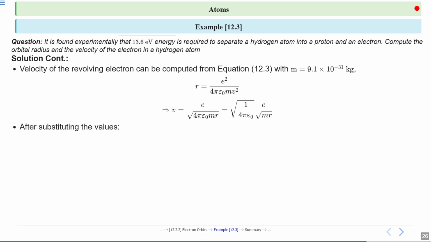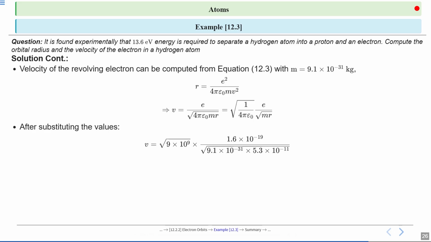Now, after substituting the actual values into the formula, we use the known constant for each variable. So v equals the square root of, 1 by 4 pi epsilon naught is 9 times 10 to the power 9, multiplied by e, which is 1.6 times 10 to the power minus 19, upon the square root of m r. m is 9.1 times 10 to the power minus 31, multiplied by r.